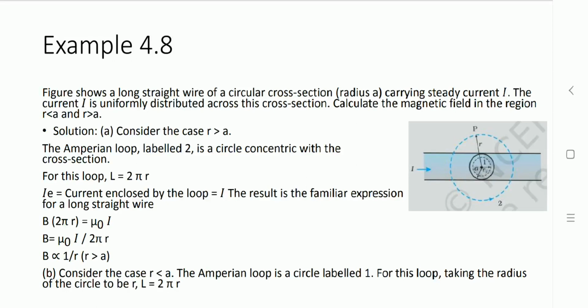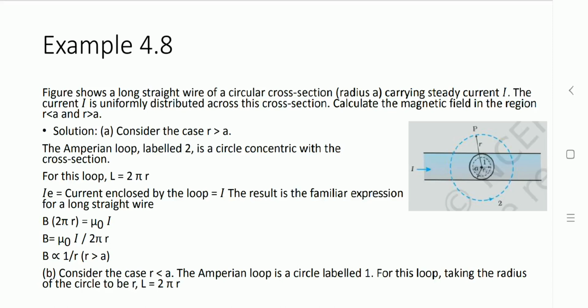Calculate the magnetic field in the region where R is less than A, and the other case where R is greater than A. As shown in the figure, one cross section is given whose radius is A, and the magnetic field is determined at radius R. R is greater than A at the point P, the second circle, and in the first circle R1 is less than A. For both cases we need to determine the magnetic field.